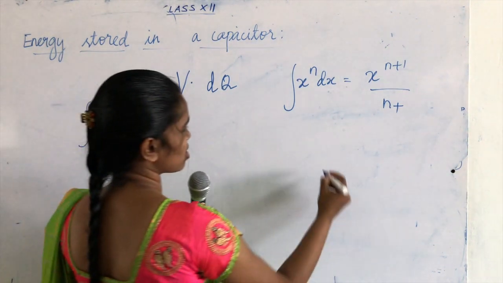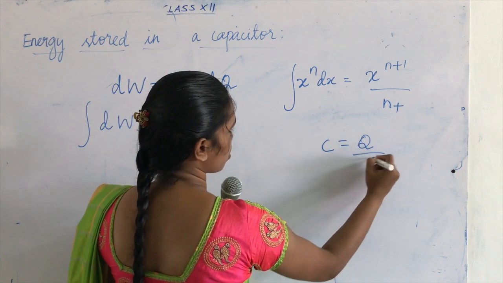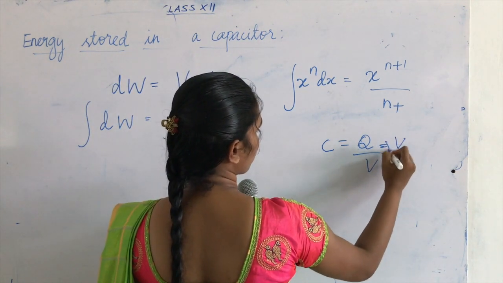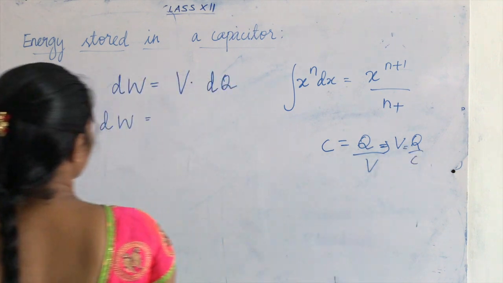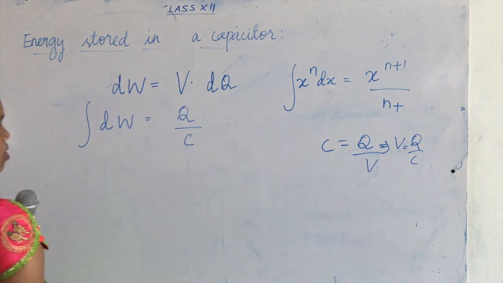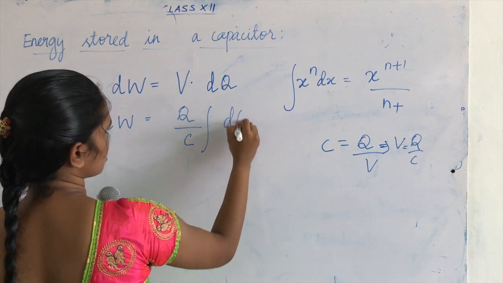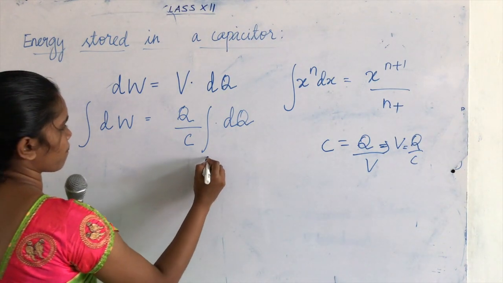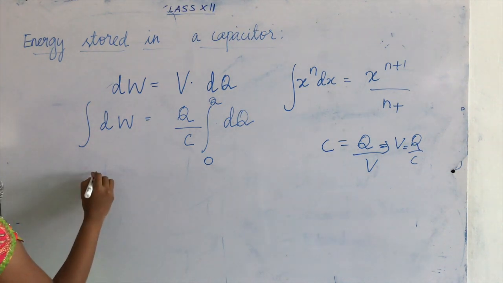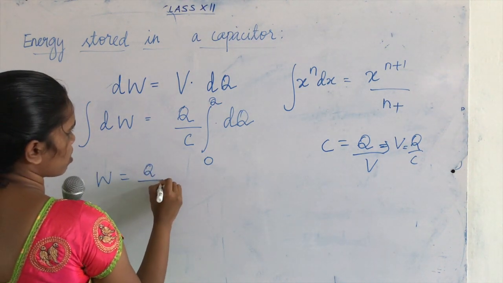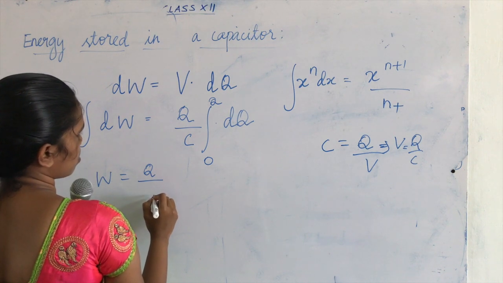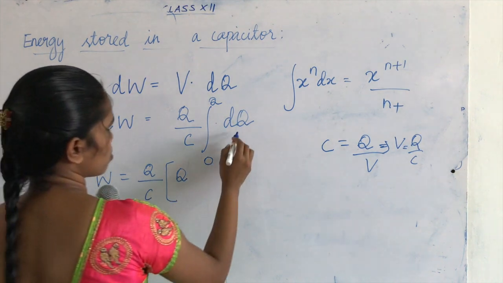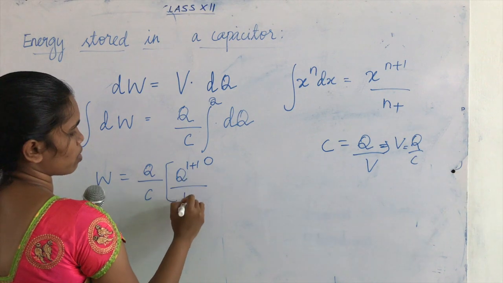We know a formula: capacitance equals charge by voltage, so V equals Q by C. So W equals 1 by C times Q power 1 plus 1 by 1 plus 1.